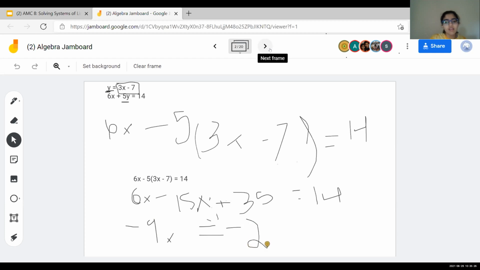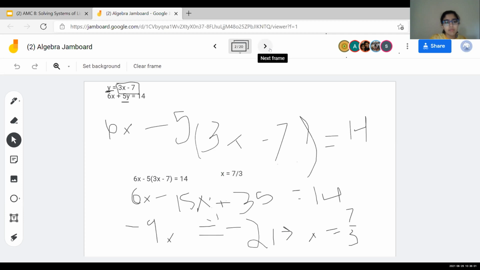So negative 9x is equal to negative 21, which means we divide both sides by negative 9, and we get x equals 7/3. Let me type out what I have so far. So x is equal to 7/3, and we have solved for x.